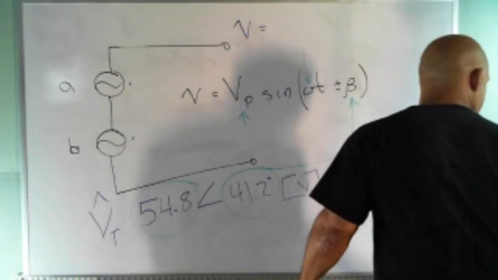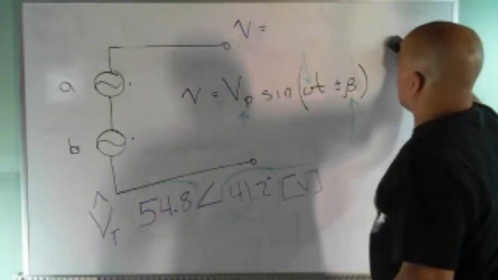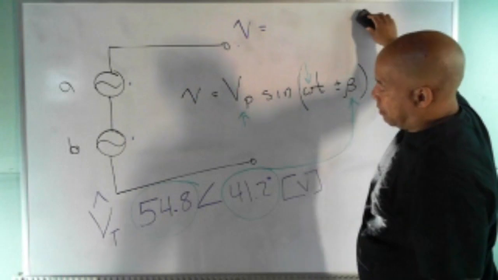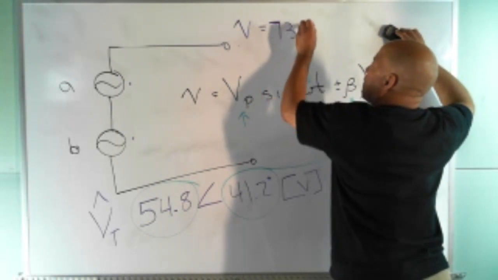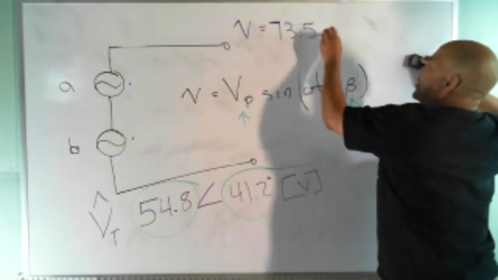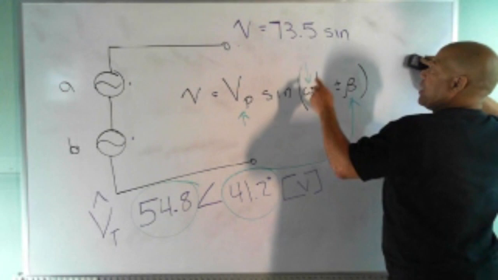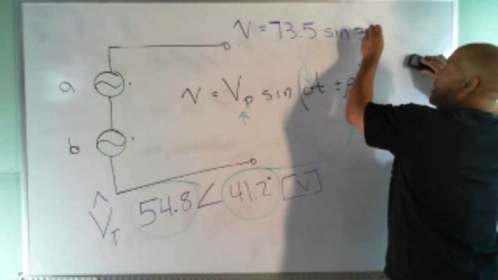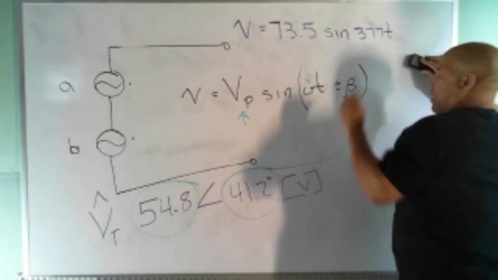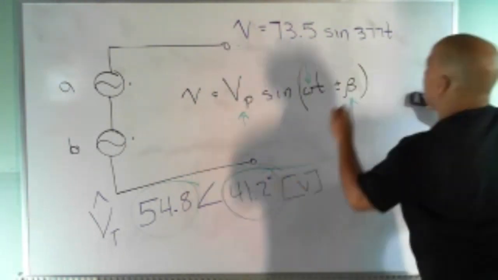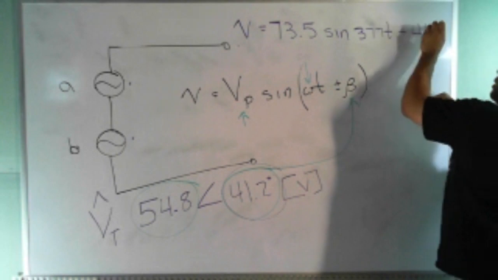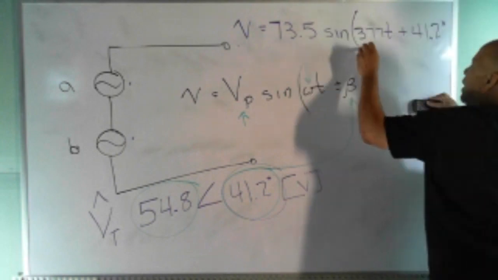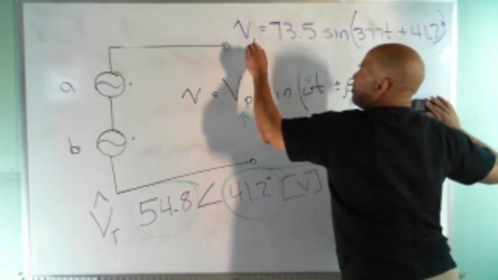What would that be? 73.5 sine omega, they gave us 377 t, and then the phase would be right here, plus 41.2 degrees, and that would be my total voltage.